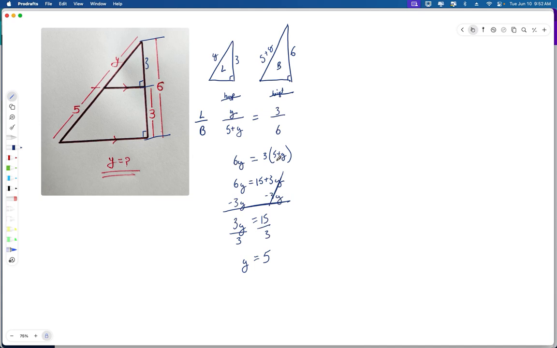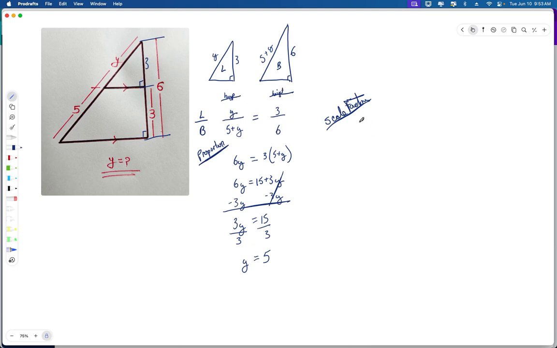Another methodology is called scale factor. This is the proportion method, and then you have the scale factor method. In the scale factor method, you're going to compare triangles to triangles, not sides to sides. So what that means is we're going to list it as the side over the side and the triangle versus the triangle.